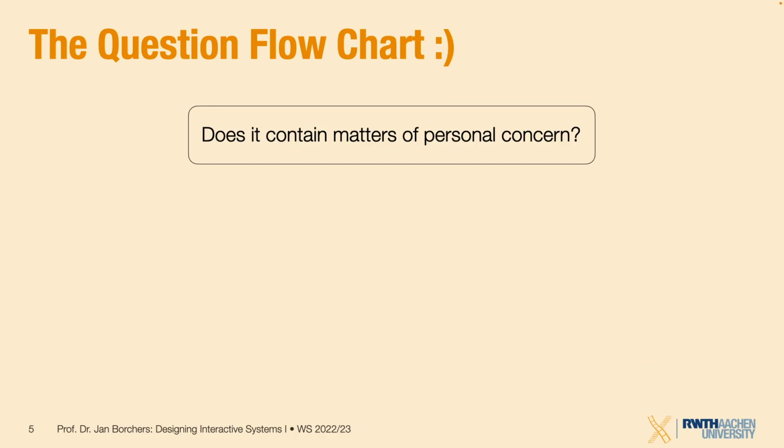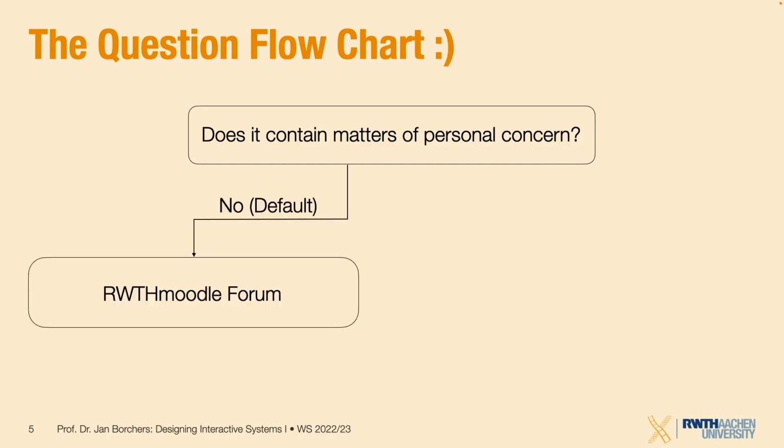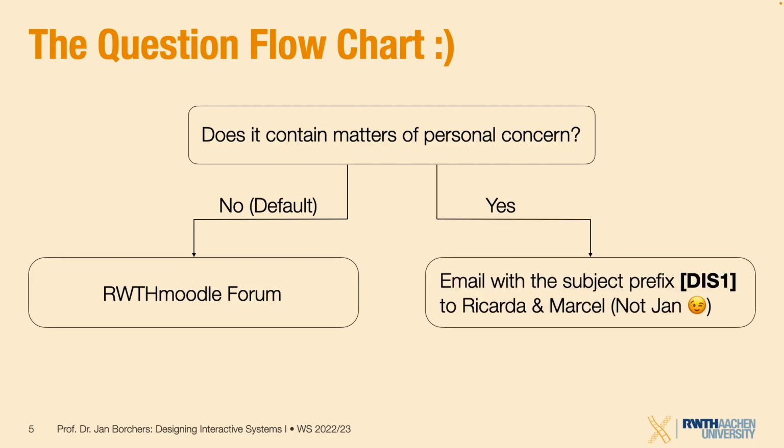Anything that you think is not going to be incredibly personal, and that nobody else can possibly know about, by default should go into the forum on the RWTH room. Now, if it is something that you're really concerned about, that you definitely don't want to see on the forum, and you're sure nobody else will need that information, then you can send an email.